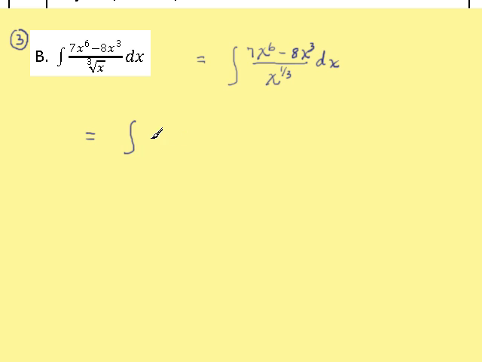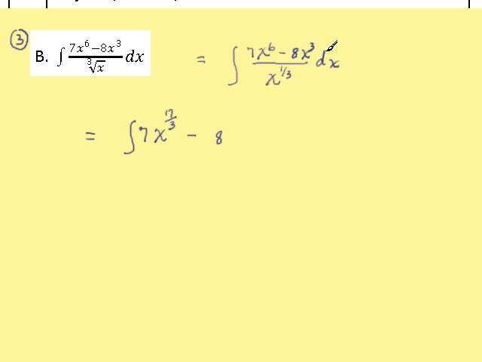So now we're rewriting our integral. We want to write this as a sum of powers. So here we have 7, and here we have x to the 6 divided by x to the 1/3. That's 6 is 18 over 3. So we have 18 over 3, subtract 1 over 3, so that would be 17 over 3.